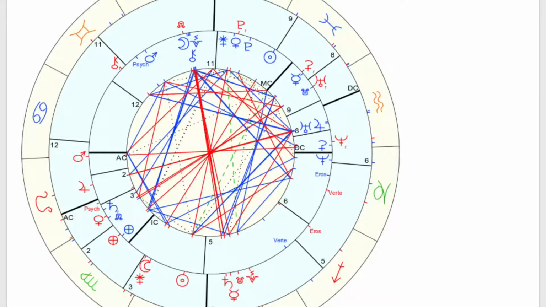Okay, so this is the chart of my great-grandmother and my great-grandfather. As you can see, we have Eros and Psyche on the chart, and surprisingly, they don't really make any aspects to each other. This was a really terrific couple. They were quite bonded. They were pioneers.